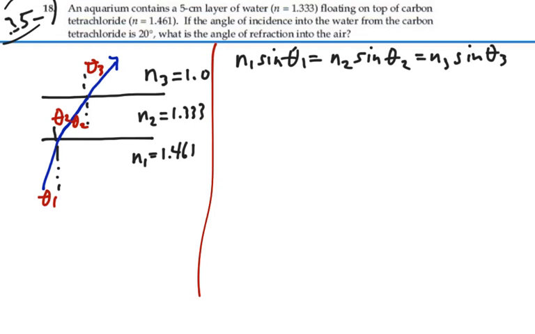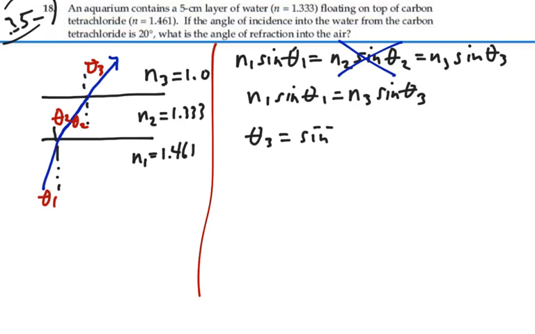So in this case, we can cut out the middleman, and we have that n1 sine theta 1 equals n3 sine theta 3, and we want to find theta 3. So theta 3 is going to equal the inverse sine of index 1 over index 3 times sine theta 1.